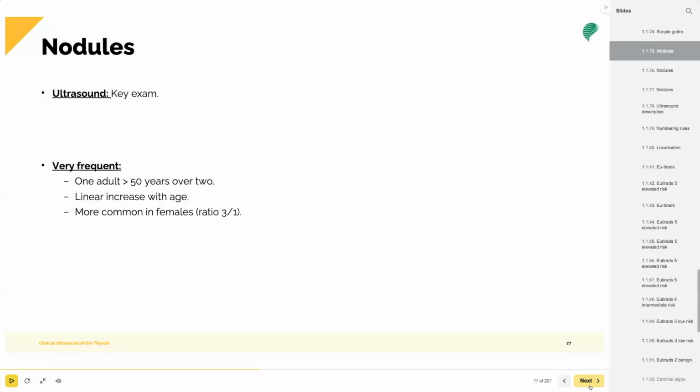Now we will go into nodule pathology. So of course, one of the most common things that we find in the thyroid are nodules. This is very key. It is very frequent, especially in adults 50 years or older. So the frequency does increase with age, and it is usually more common in females, 3 to 1 compared to males.